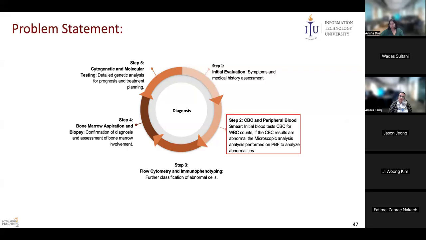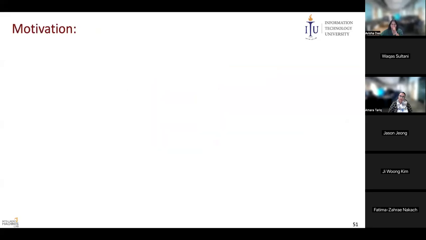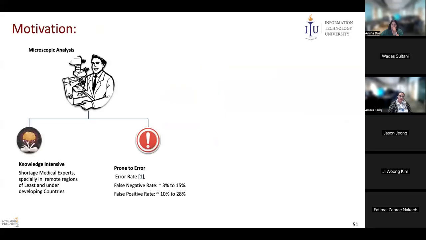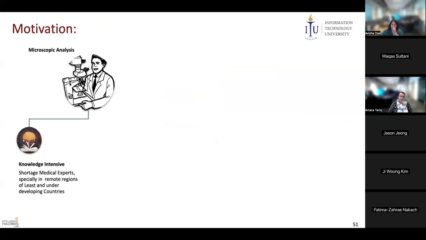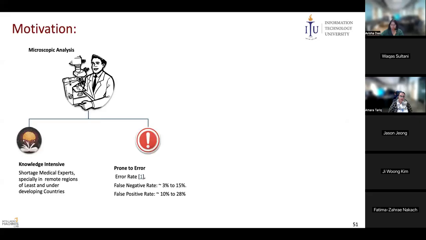We work in this area, but we observed a few challenges here. Similar to malaria, for leukemia you need a decent level of expertise to detect, properly diagnose, and classify the white blood cells.